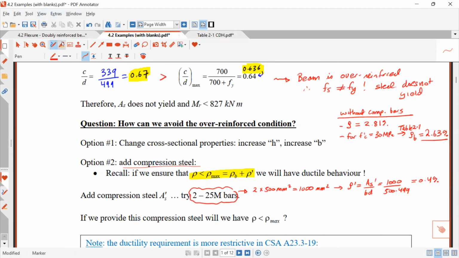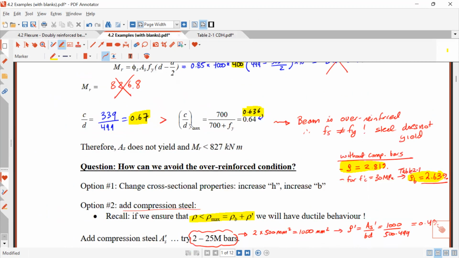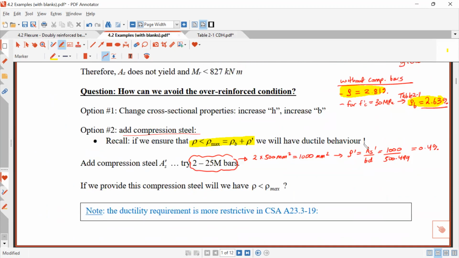Everybody see why it didn't yield? The rho that I used, 2.81%, is larger than rho balance. So this is why it was over-reinforced, and our c over d check confirmed this. Now in this situation, I'm adding 2 25M bars. With the compression steel, we have a total rho still of 2.81%.